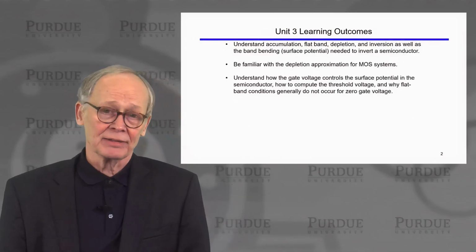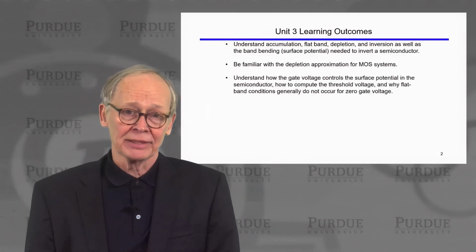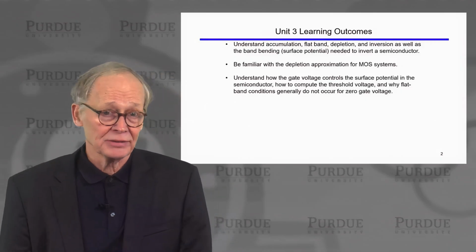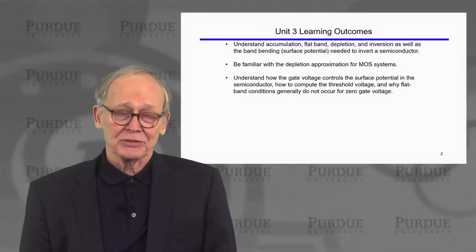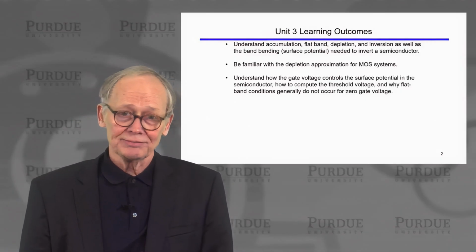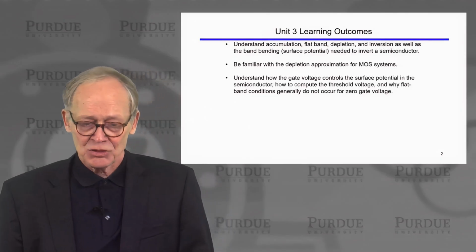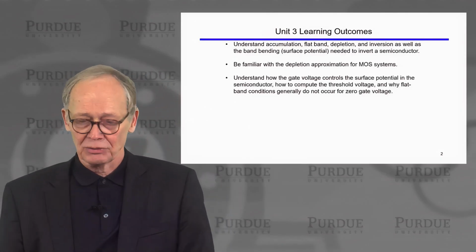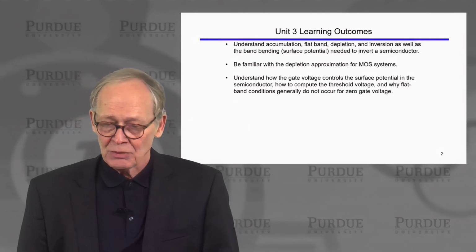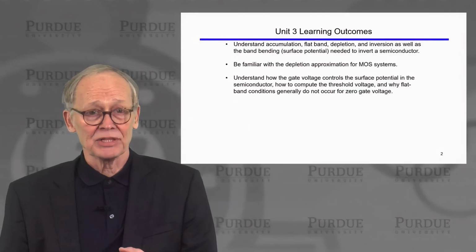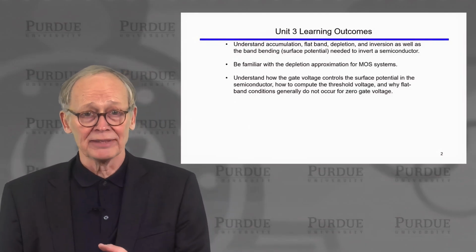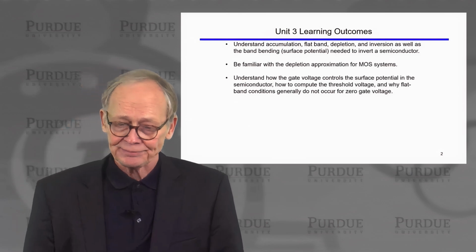Now, everything in the semiconductor depends on the band bending in the semiconductor and can be related to the surface potential. But the surface potential is controlled by the gate voltage. So we talked about how the gate voltage controls the surface potential. We talked about how to compute the gate voltage that gives us 2 psi B of band bending. That's the threshold voltage.